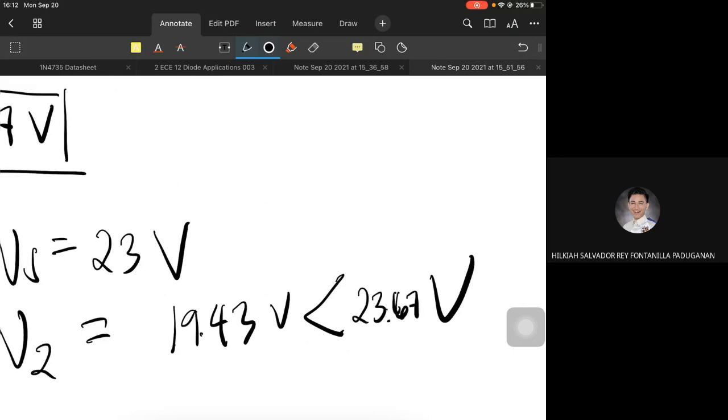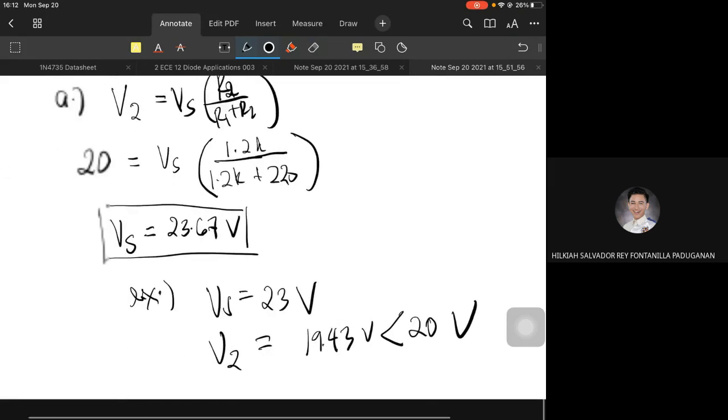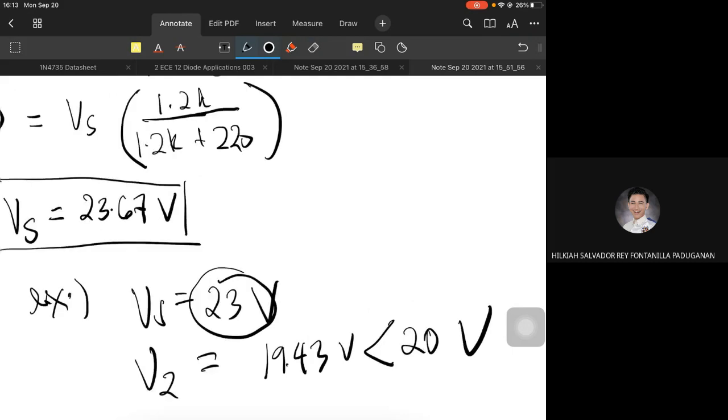How much is VZ? 20 volts. So if our voltage source is only 23 volts, 19.43 is not enough to reach 20 volts across the Zener diode.